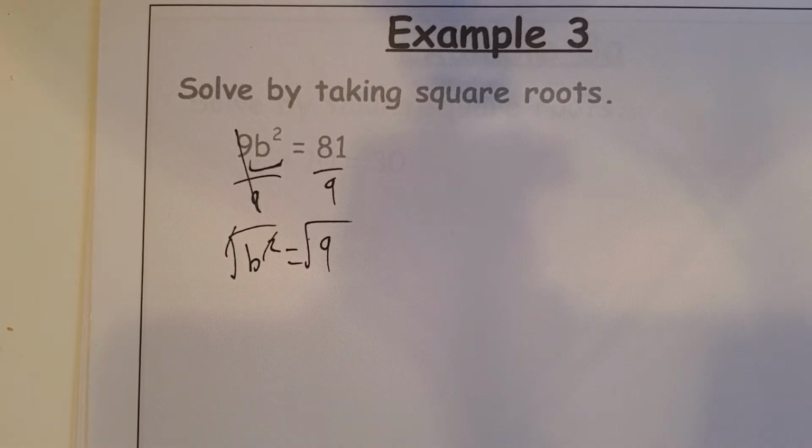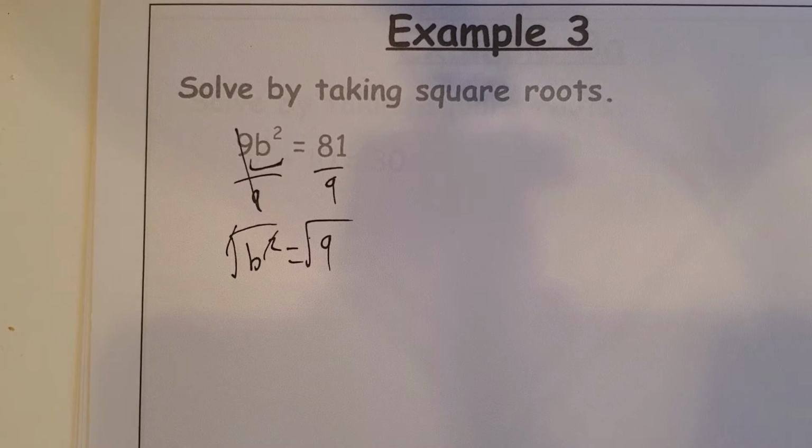But remember what I said earlier, when you're solving quadratic equations, you'll probably get 2 solutions most of the time. So when you're taking the square root, we know the square root of 9 is 3, so that means 3 times 3 is 9. But negative 3 times negative 3 is also 9.